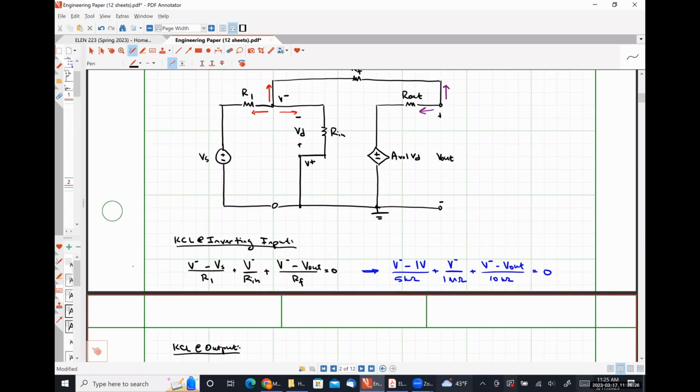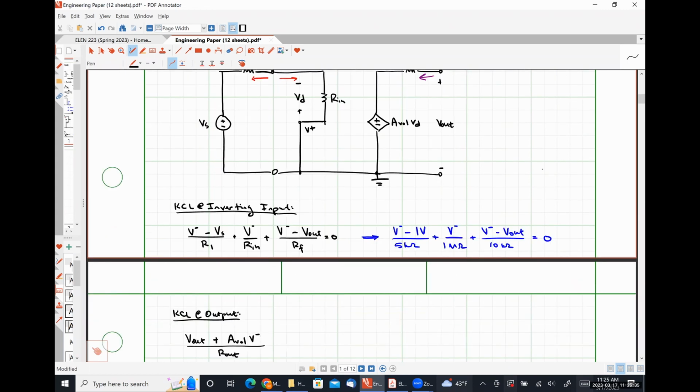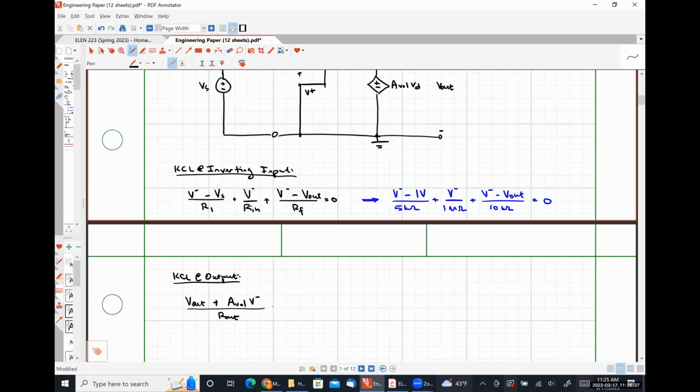I also have the current flowing up. So that's going to be (V out minus V minus) over RF is equal to 0. And I'm going to rewrite this using numbers as well.